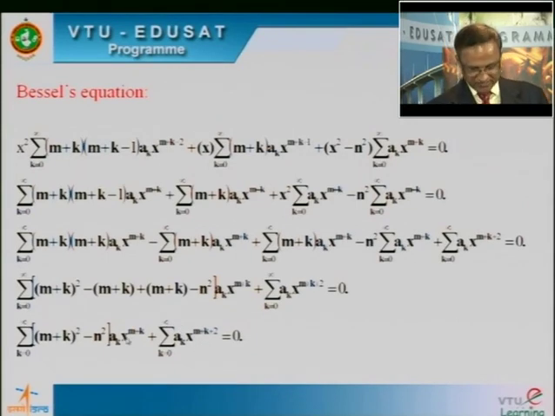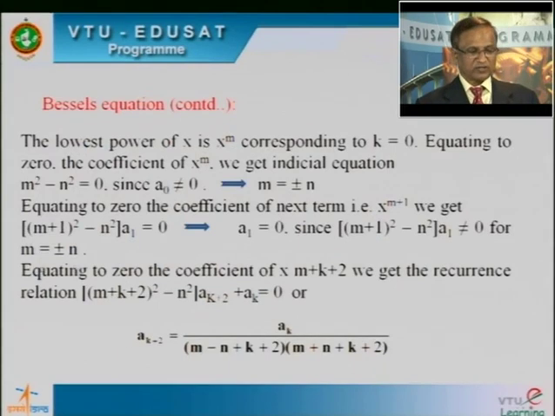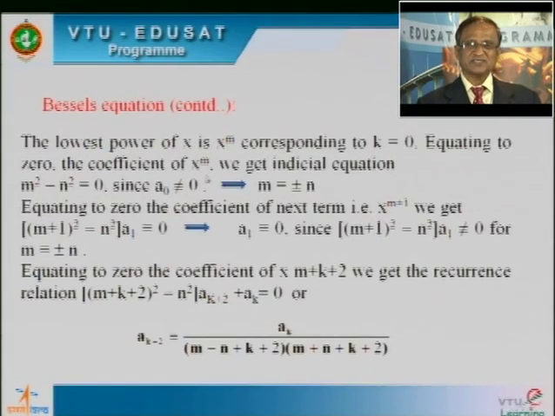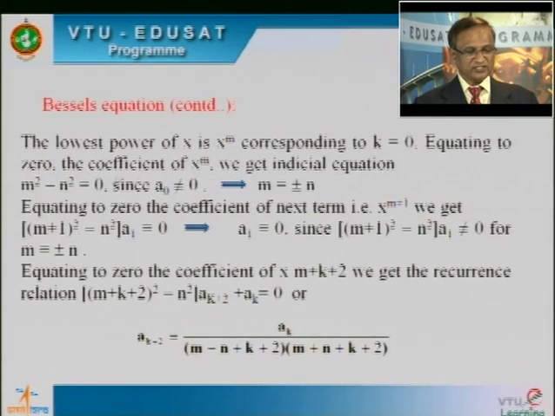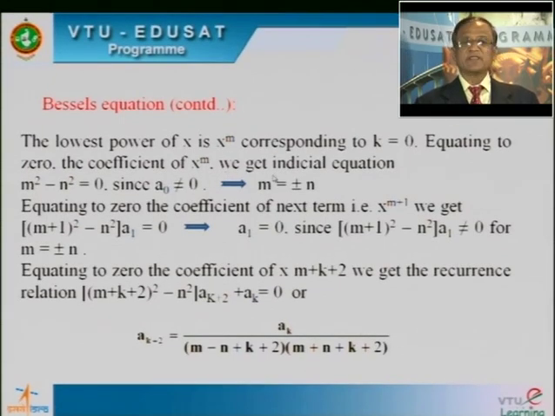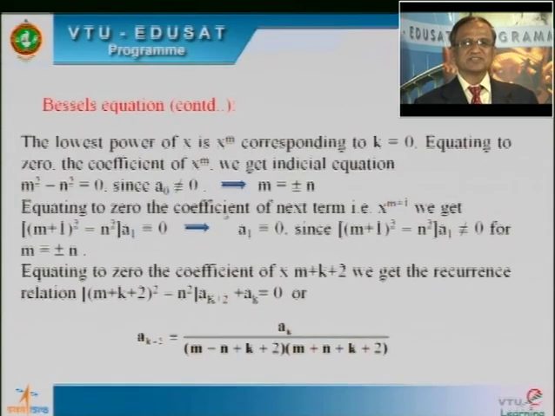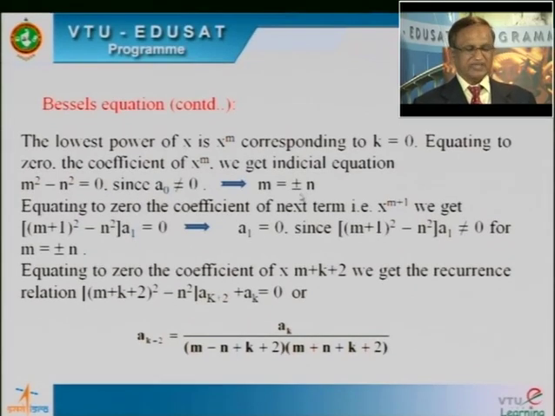You will get various terms and you want to collect the lowest power of x, and it becomes x to the power m corresponding to k is equal to 0 and equate to 0 the coefficient of x to the power m. You will get an initial equation, say m square minus n square is equal to 0 because a naught is not equal to 0. So m square minus n square is equal to 0 means I hope you will get m is equal to plus or minus n, right.